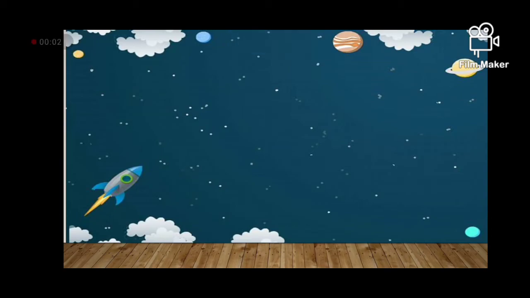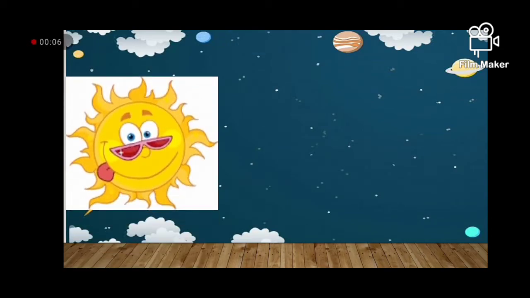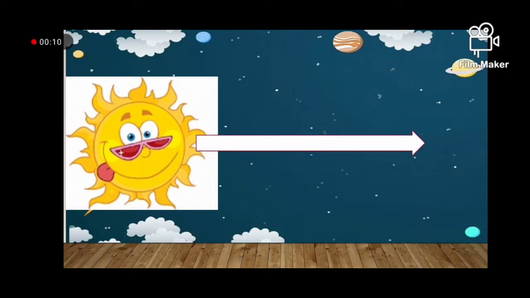An example of the ray, the light example, is the sun. The sun rays go only in one direction, and the endpoint of this ray is the sun, and all the rays of the sun go on and on only in one direction.